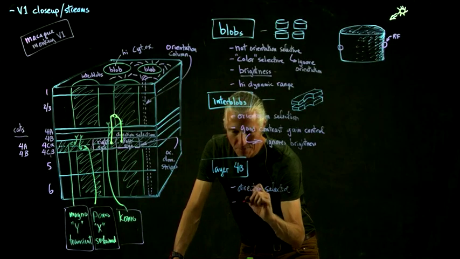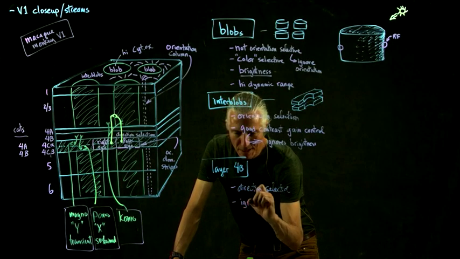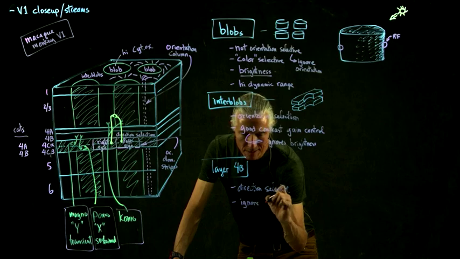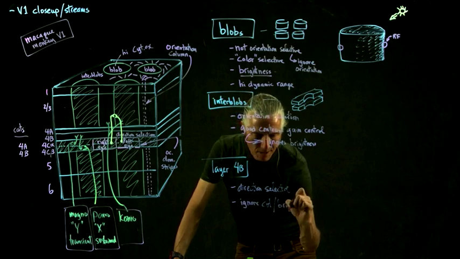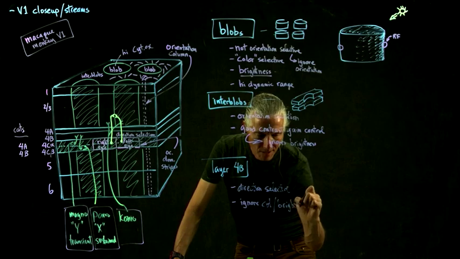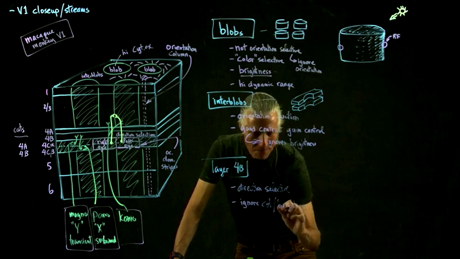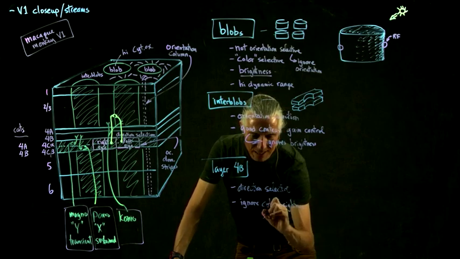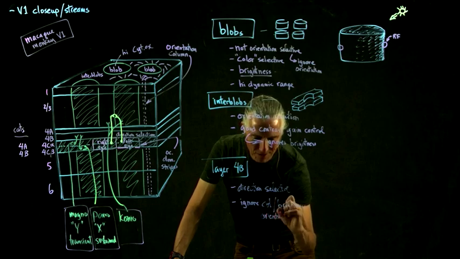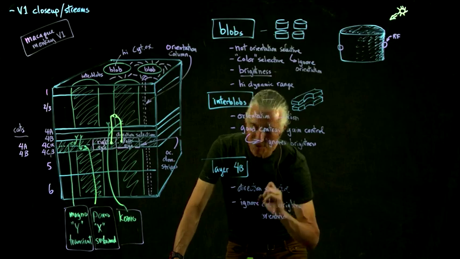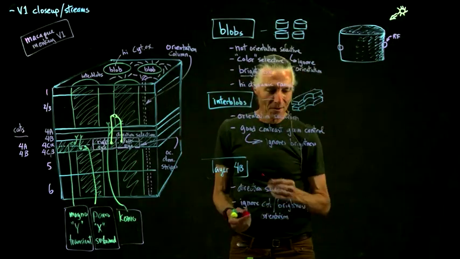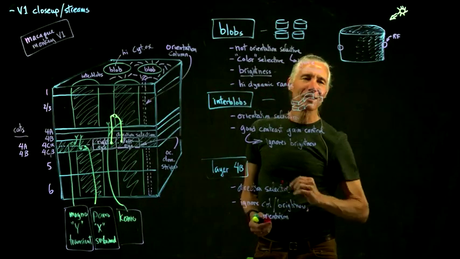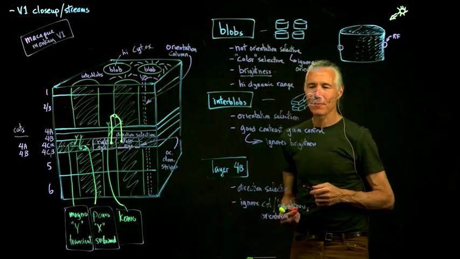But these cells tend to ignore color and brightness. We'll also see they kind of ignore orientation. It's a little more complicated than that, and when we talk about the aperture problem, we'll see how it works. But they basically ignore orientation, or they misinterpret orientation, let's say.